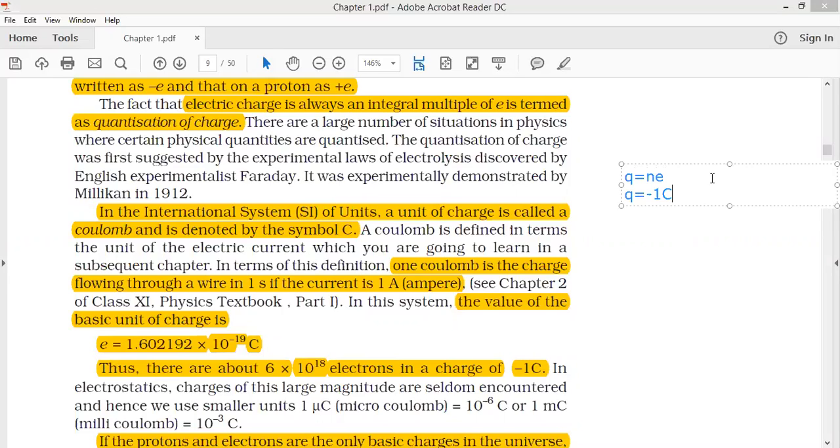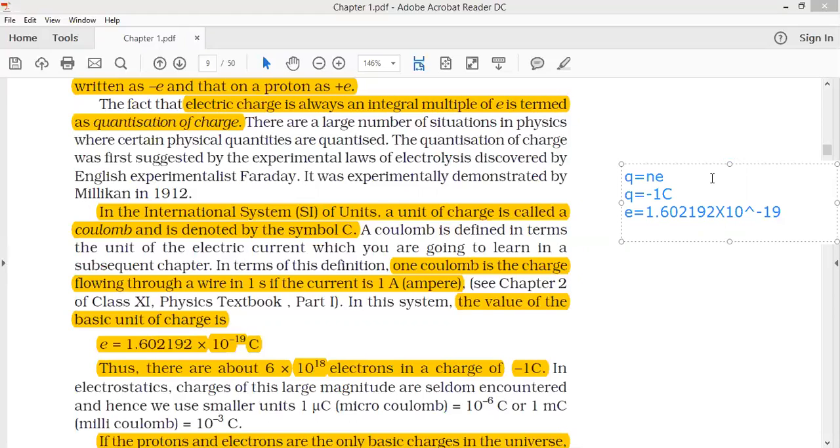The e value we know: 1.602192 into 10 power minus 19.